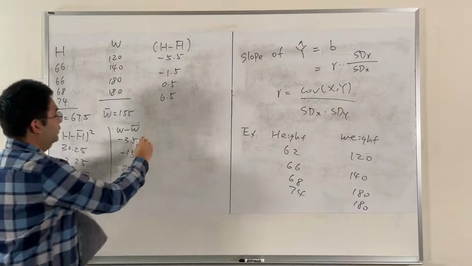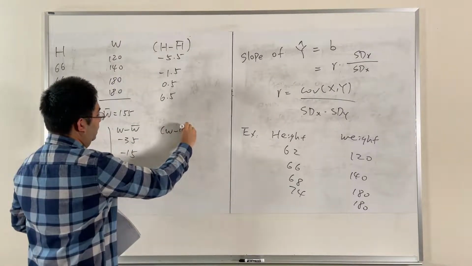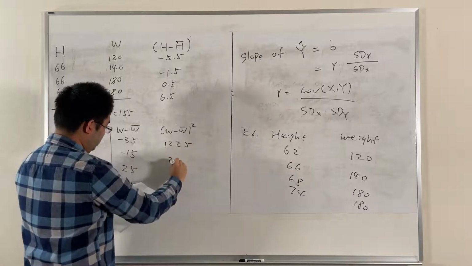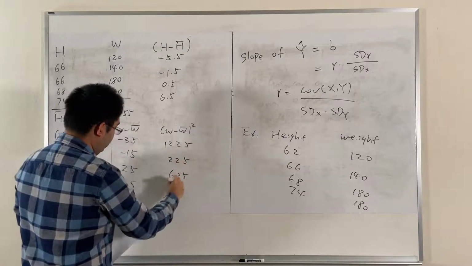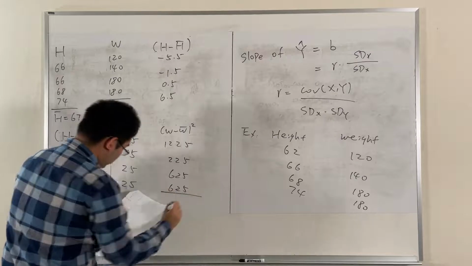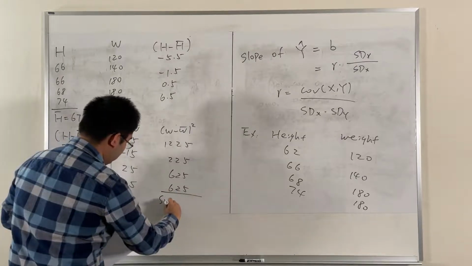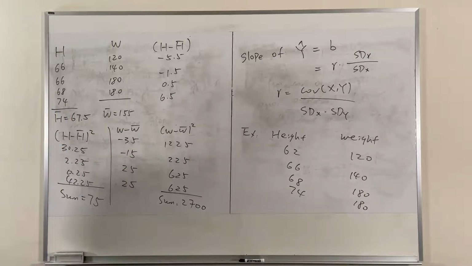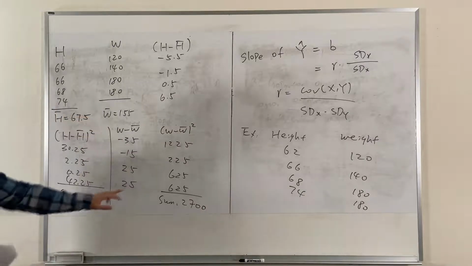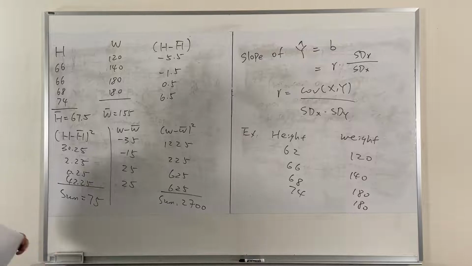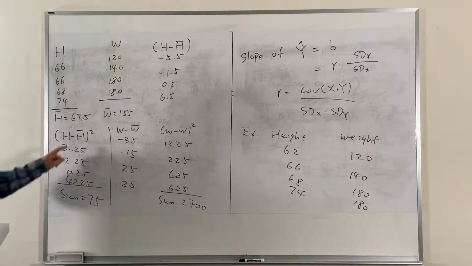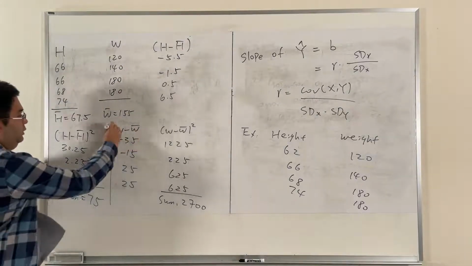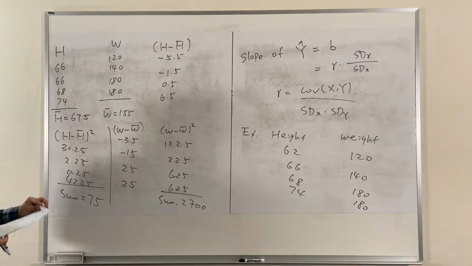Okay, and then w minus w bar squared will be 1225, 225, 625, 625, and down to the sum, 2700. Okay, next, we need them to be multiplied. We need this one and this one to be multiplied for our calculation.